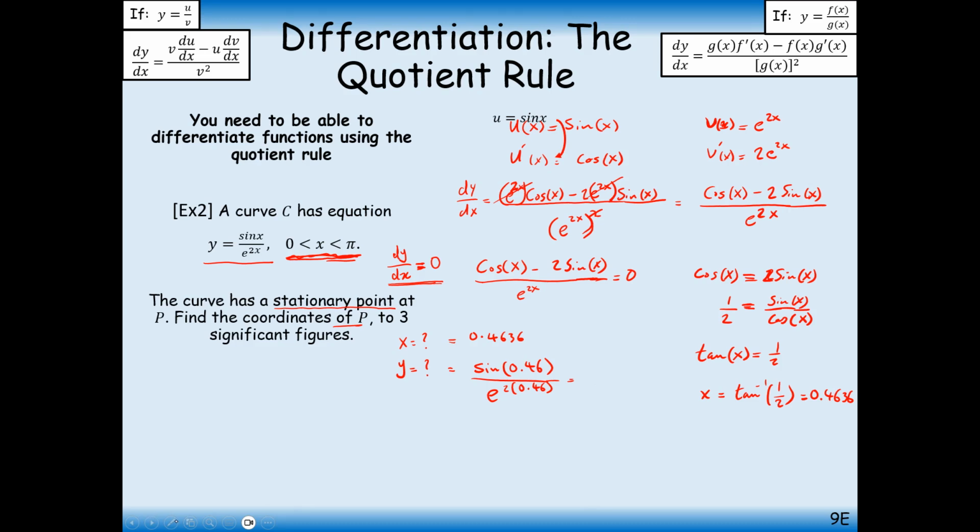So the answer was 0.177 for the y value. So the coordinate to 3 significant figures is 0.464, because the 3 will round up, and the y value is 0.177.